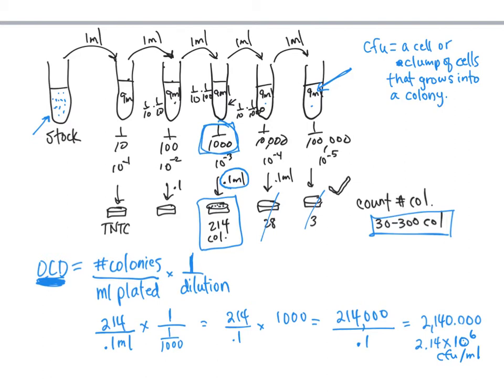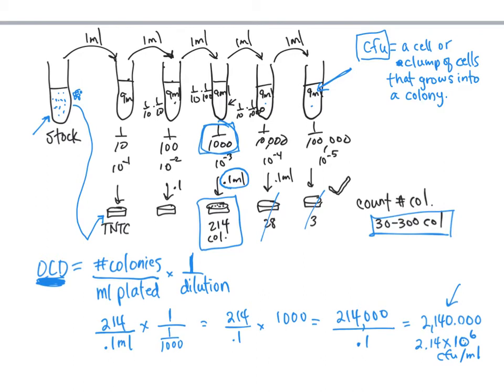Okay, so remember I mentioned in the last video that some cells, especially say Staphylococcus, for example, they tend to clump together. So that clump may have actually grown into a colony here instead of a single cell. So when we use these units, colony-forming units, that reminds us that this number that we got may actually be a bit of an underestimation if you have a species of cell that tends to clump together.